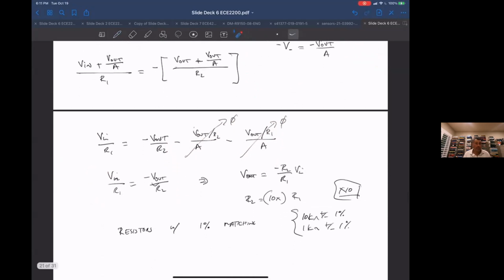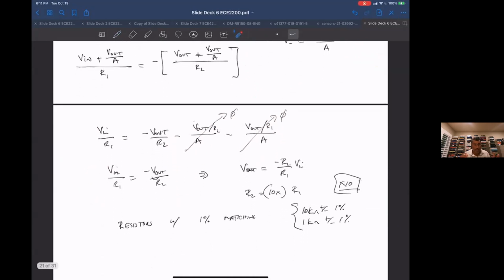So it doesn't matter. The op amp is going to move around a lot with gain. In production, it's going to change. With temperature, it's going to change. If the power supply in your op amp changes, it'll change the gain. But it doesn't matter as long as it stays at a high value.